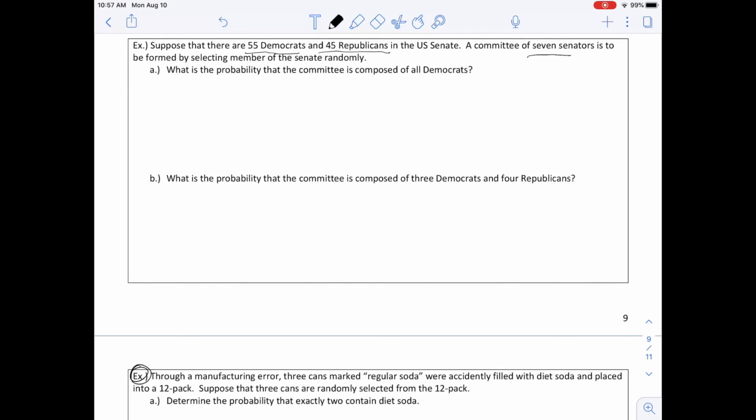Part A says, what is the probability that a committee is going to be composed of all Democrats? So this time we want all Democrats. First thing is, does order matter in this problem or does it not matter? Again, we're dealing with the idea of a committee, just like we did up above. So order does not matter. Order is not important.